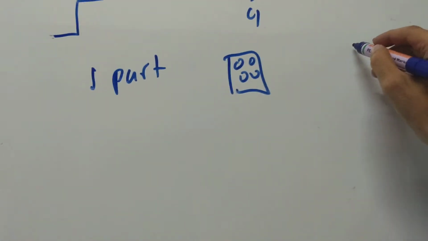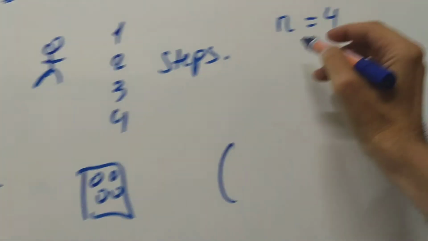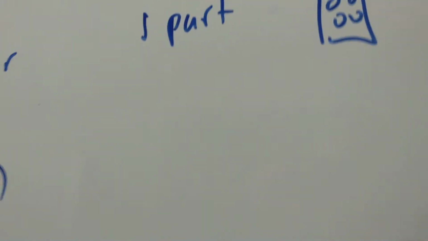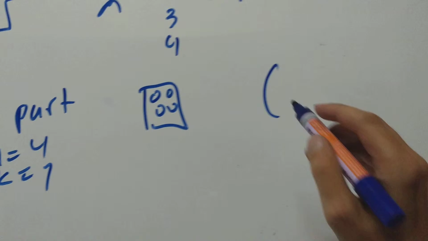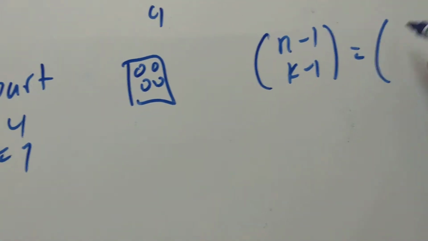And let's calculate this. So 1 part. N is 4, k is 1. So n minus 1, k minus 1.